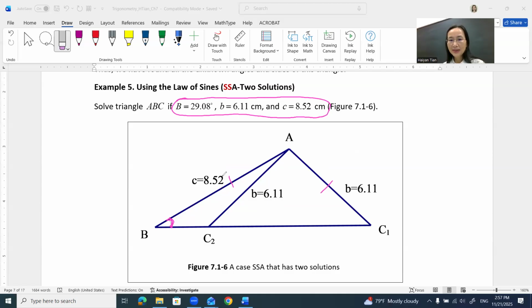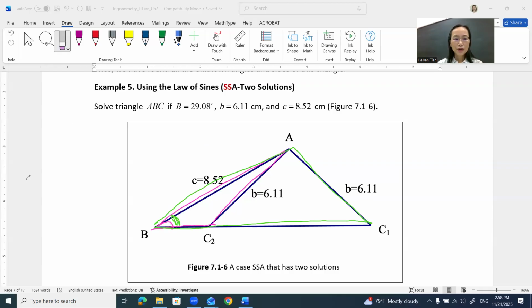So with the same data, we can have one triangle. See this side is the given angle. We can have one triangle, and you can possibly get this one, same angle, right? Triangle. So you see, two different triangles.